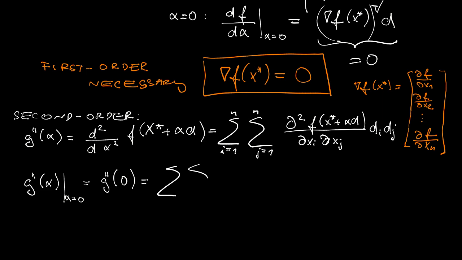So we have again this double sum and second partial derivative of f, but this time evaluated at x star, and again these mixed terms.